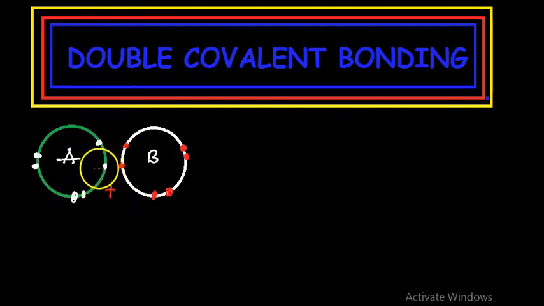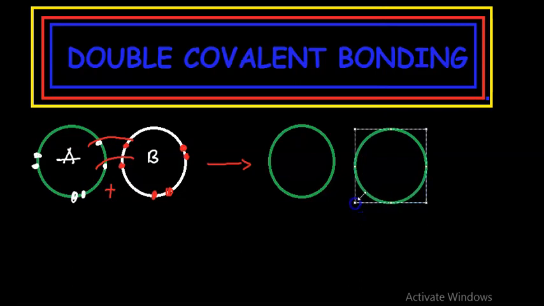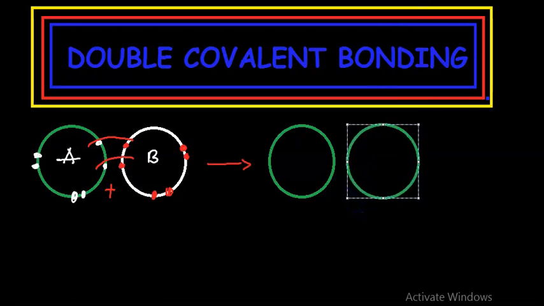In this case, this is going to connect with this, and this is going to connect with this. This would give rise to, let's say this is atom A and this is our atom B. Nothing will happen to the numbers of valence electrons.